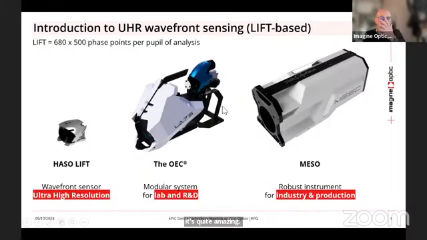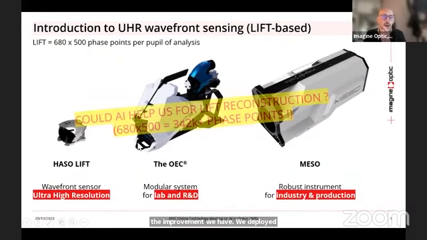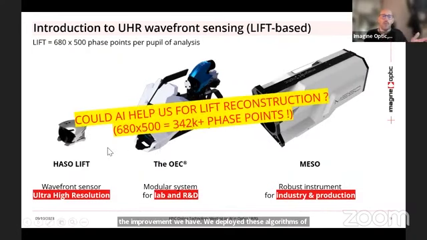We deployed these phase retrieval algorithms in all our catalog of products, from sensors up to complete solutions for lab and production. Now the question is, could we use AI in order to help us in this phase retrieval reconstruction? Said in other words, this is exactly the same problem that my colleague Daniel presented in the first presentation, analyzing the spots to reconstruct the phase, the wavefront, but applied to 580 points by 580 points.